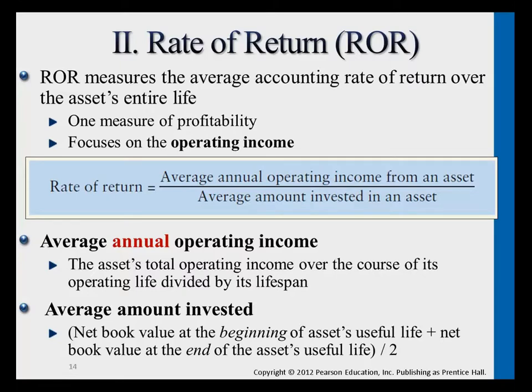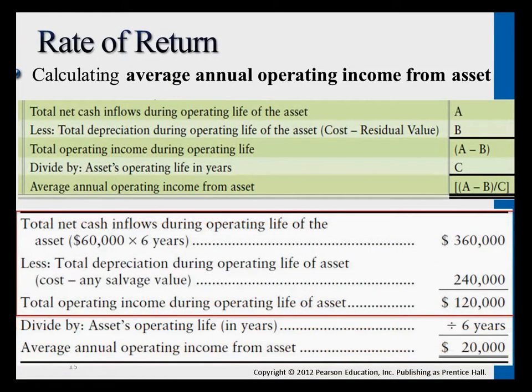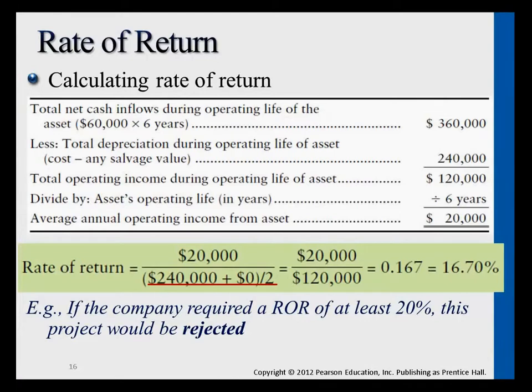in that asset. Next, we'll calculate that rate of return. We already know how we found that $20,000. What we need now is to understand where the bottom comes from. The bottom is the average amount invested in the asset.